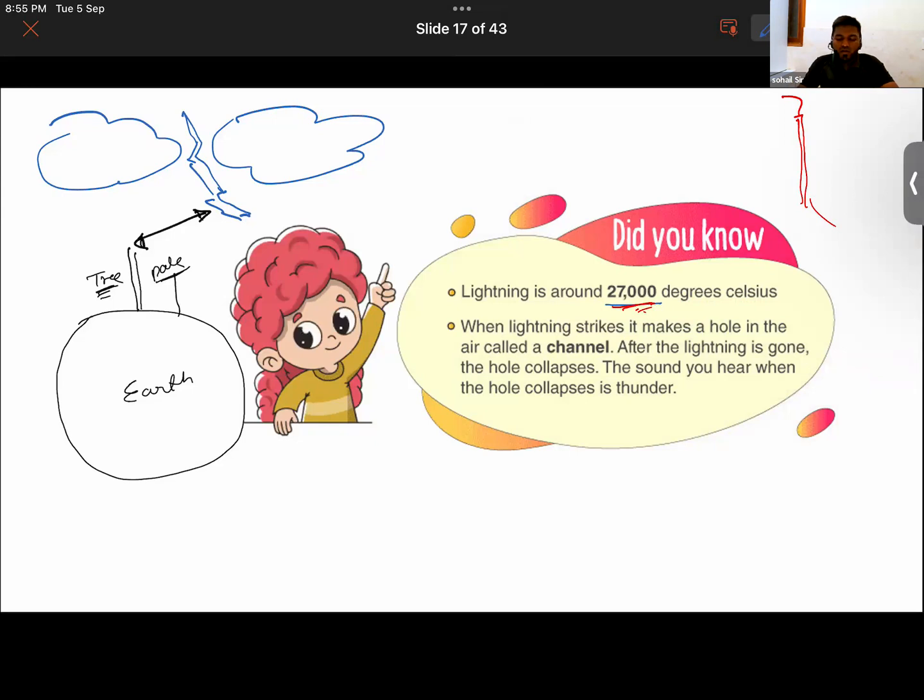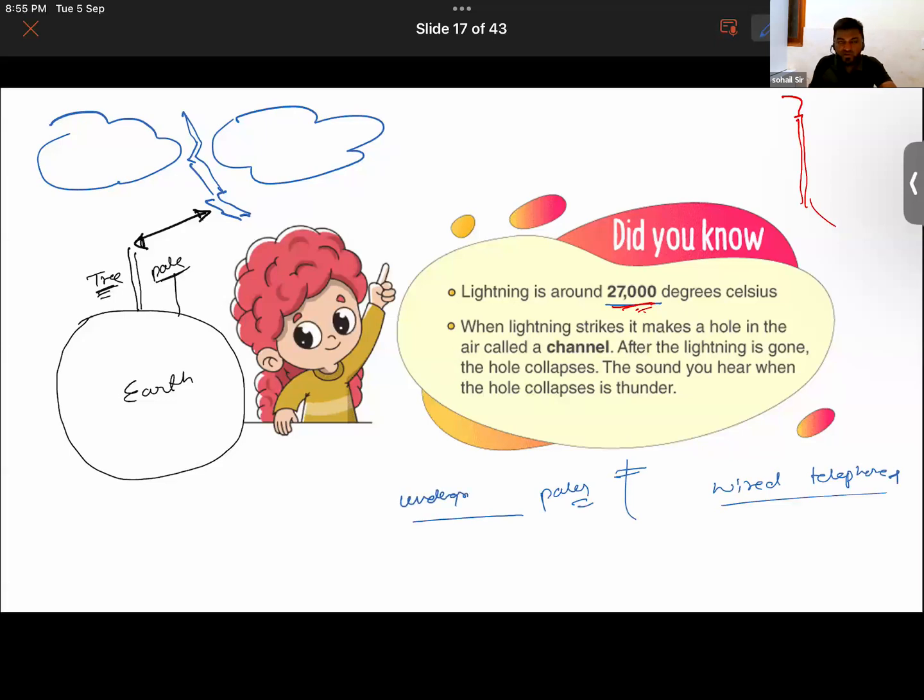Earlier you had wired telephones. Remember? Nowadays they are not used. Wired telephones had their connections with poles, and some of the connections were underground as well.